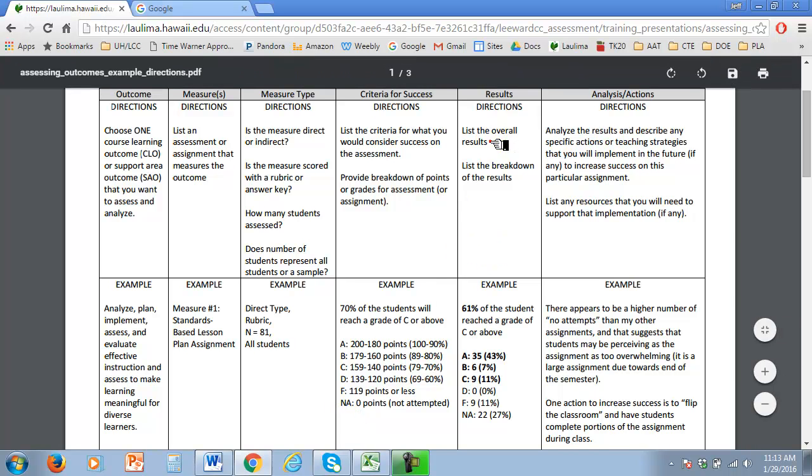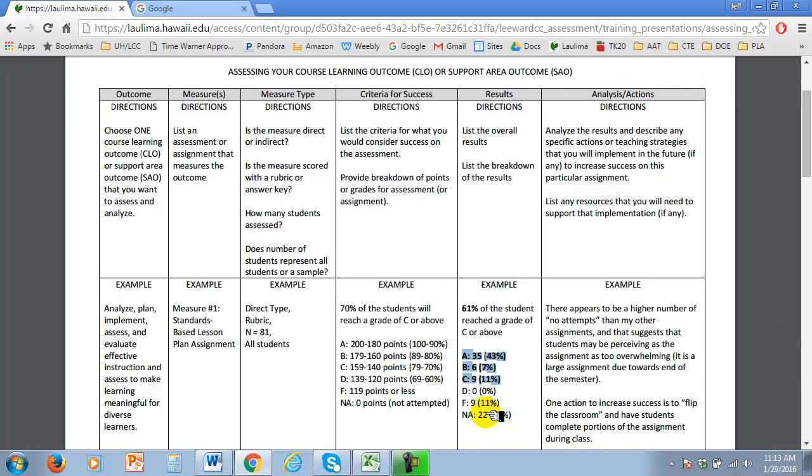Then the results list how the students did, and I found out that there were 9 C's, 6 B's, and 35 A's. There were no D's, there were 9 F's, but there were 22 students who never turned in the assignment. Now if I listed those as an F, then that would muddle things, because I would be saying that they tried it, but they didn't do very well.